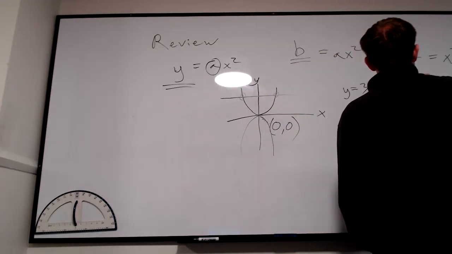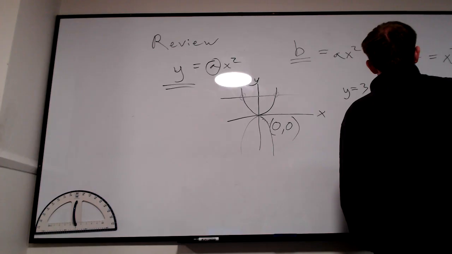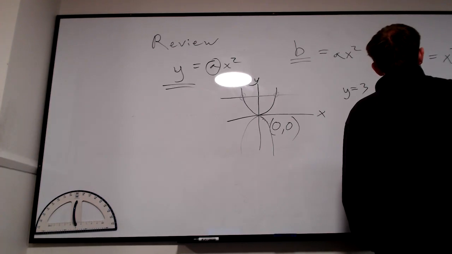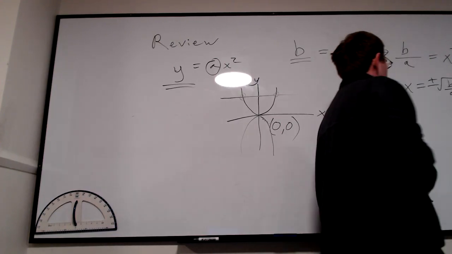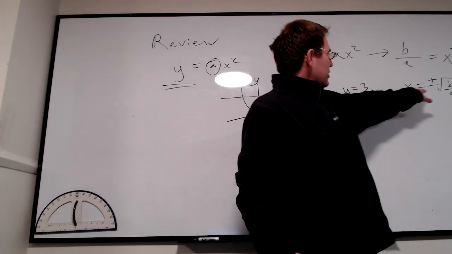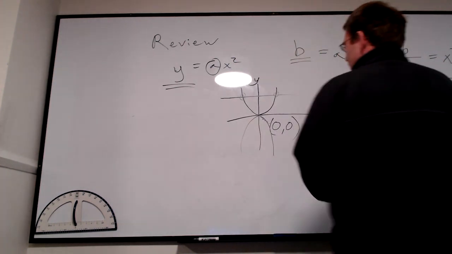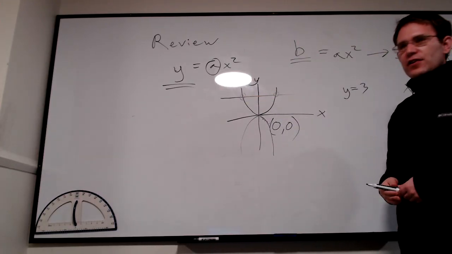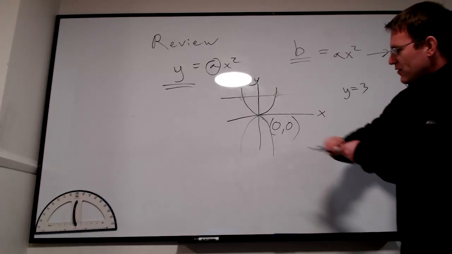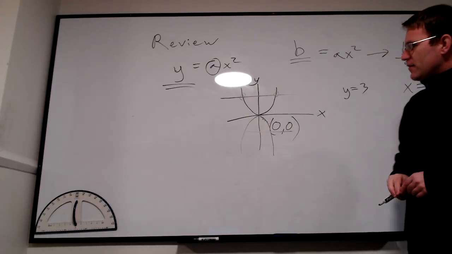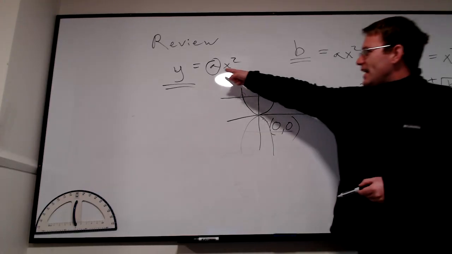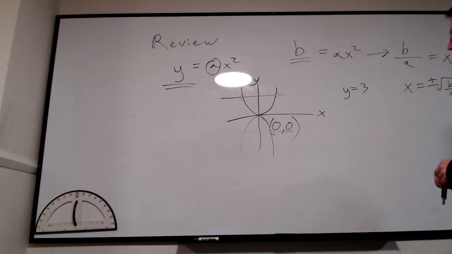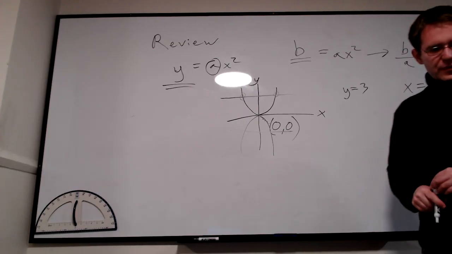Okay, and then x would just equal plus minus the square root of b over a. So we have to have that plus minus here, right? Because just like over here, we have 2 values of x for each value of y. We could have a similar thing down here if it was the other direction, so if this was negative. Okay.